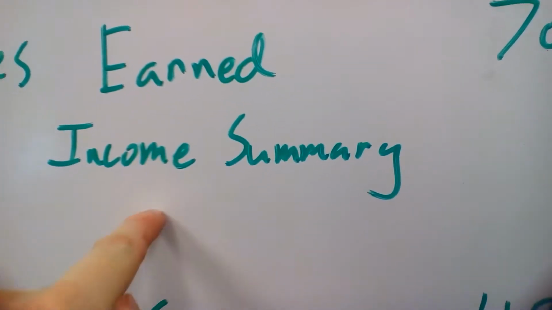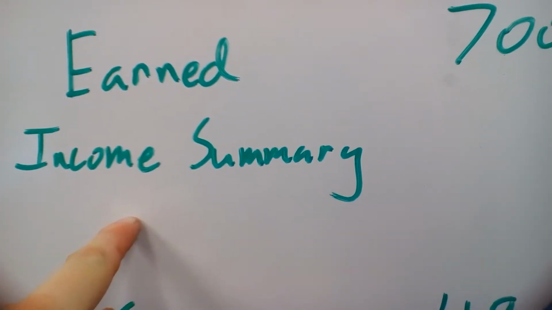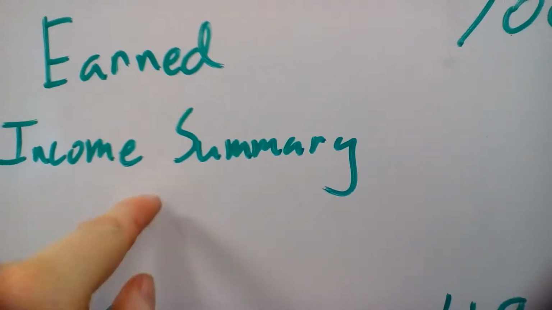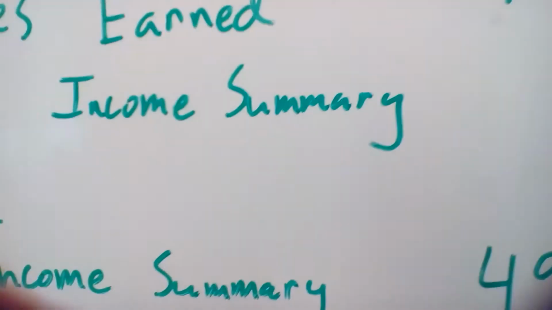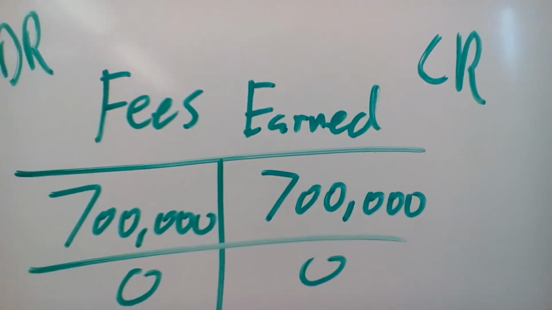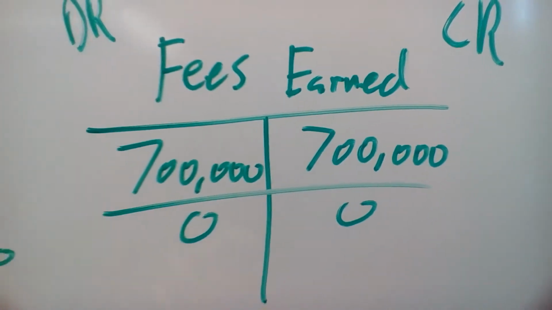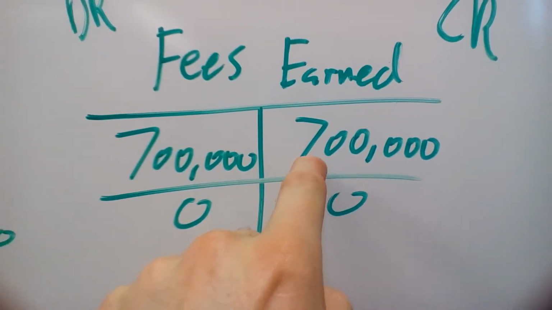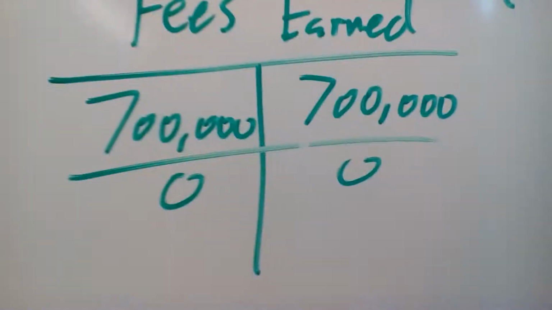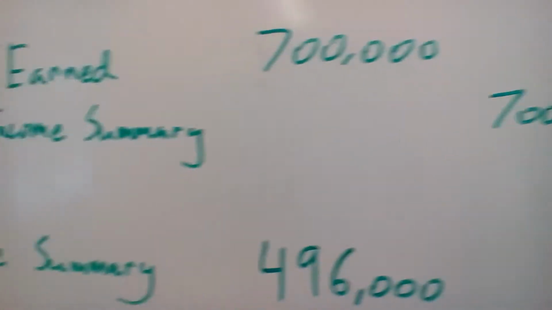We close everything to the income summary, and then we take it from the income summary and put it into the capital. So it's like a middleman account. As you can see on the T account, it used to be 700,000, but then we debit it to get rid of it, which zeroes out the account. That's what you want.